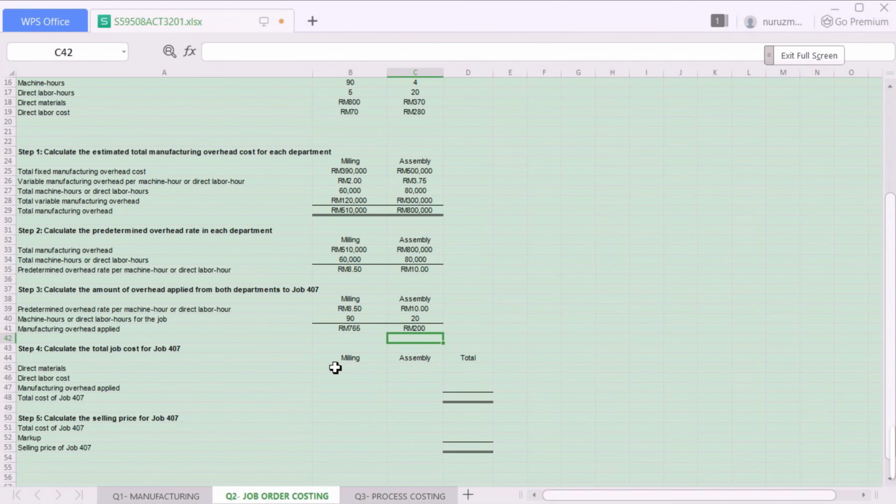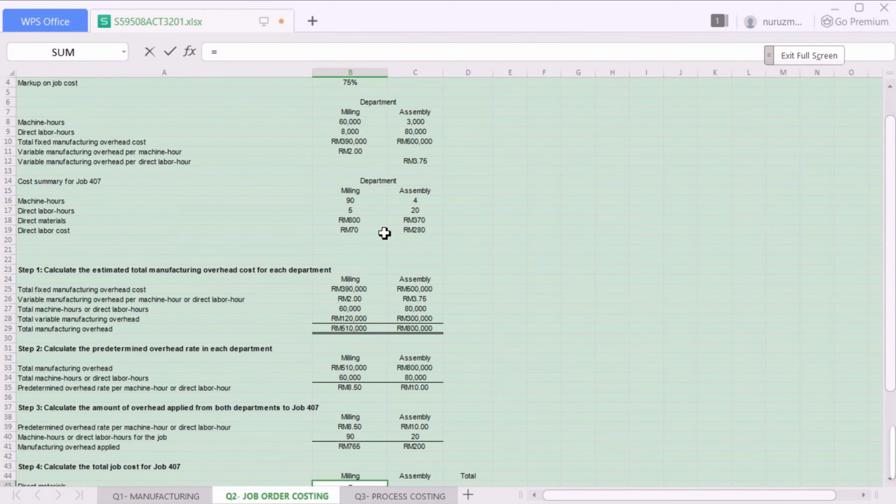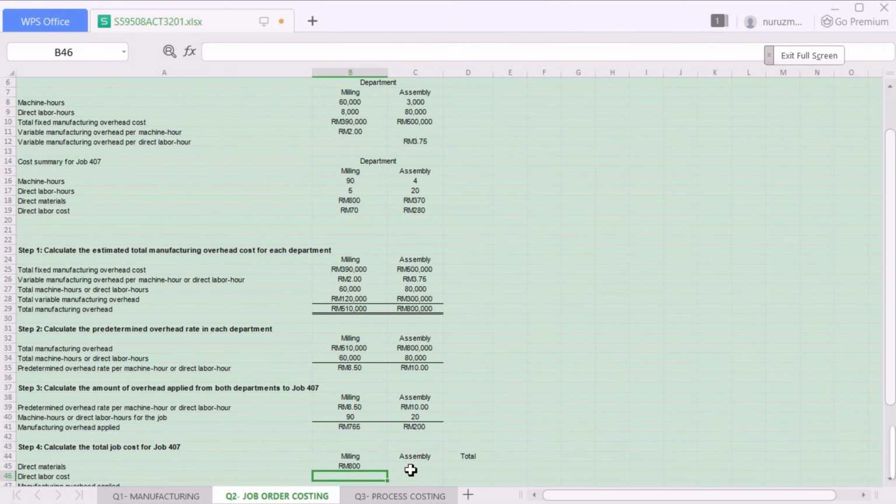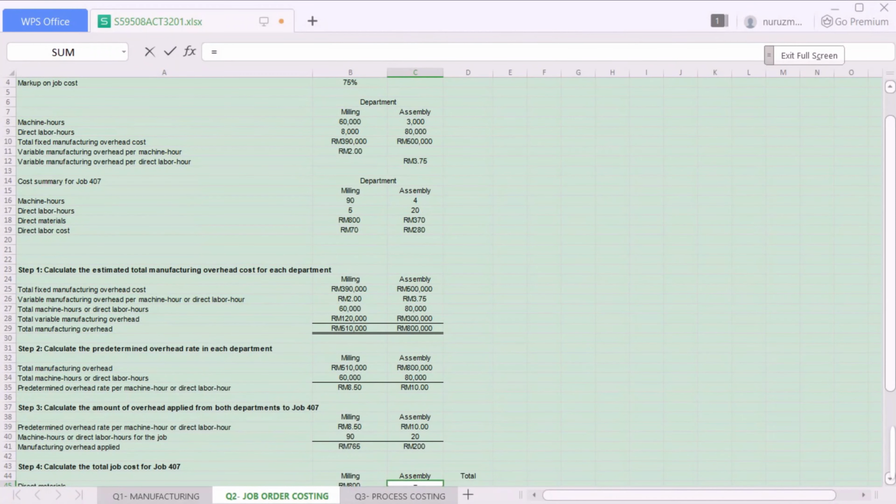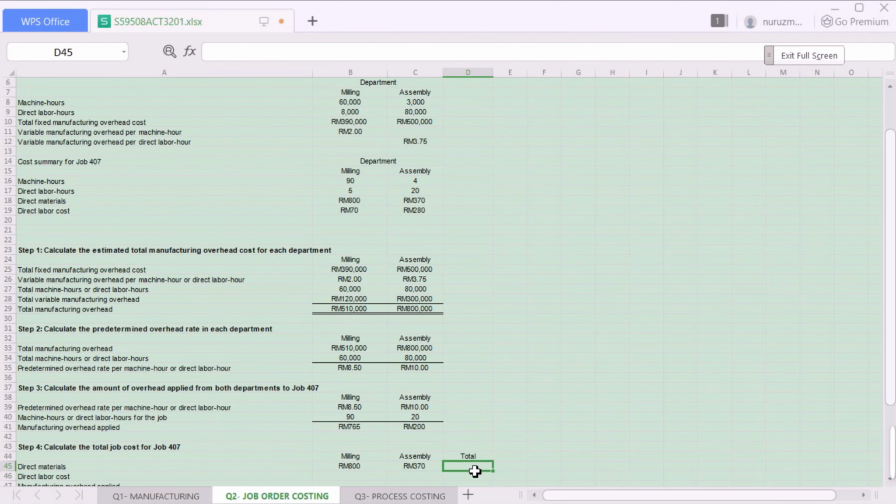Direct material equals RM800 for milling and 370 for assembly, and the total is 800 plus 370 equals 1,170.